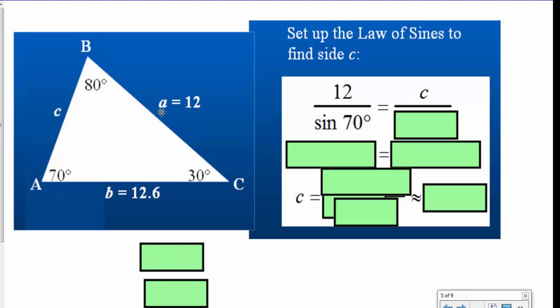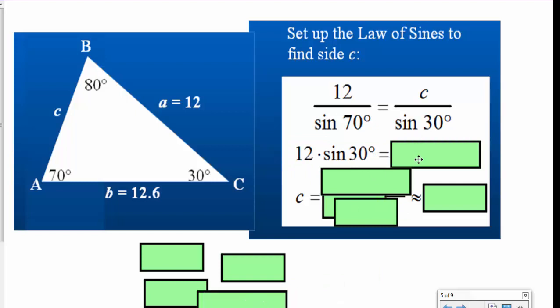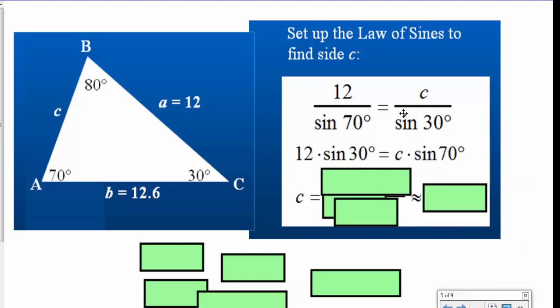I just picked the a and sine of A because remember that b was an estimate, and we don't usually want to use an estimate of an estimate in a problem. I need to find little c. We put that over the sine of the angle across from side c, which is angle C at 30 degrees. Cross multiply. 12 times sine of 30 equals c times sine of 70.